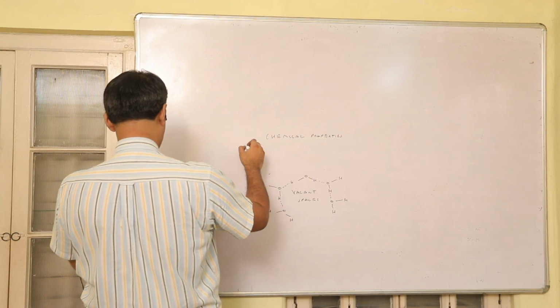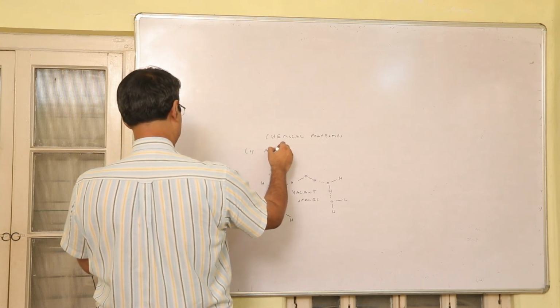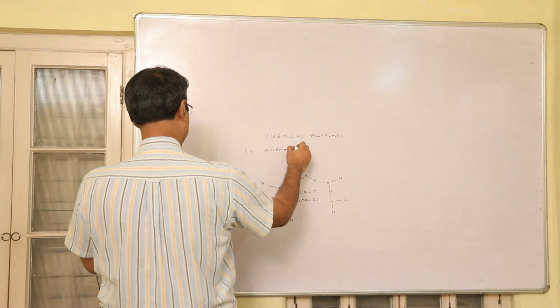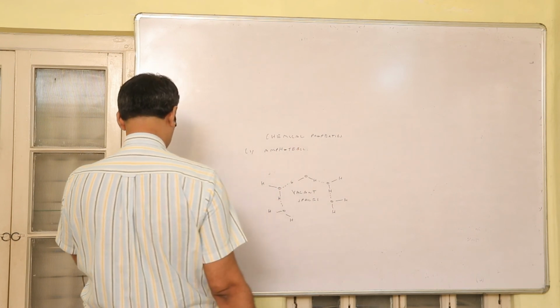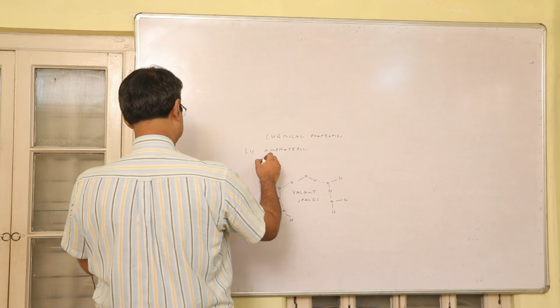Next we come to chemical properties of water. First is the amphoteric nature.